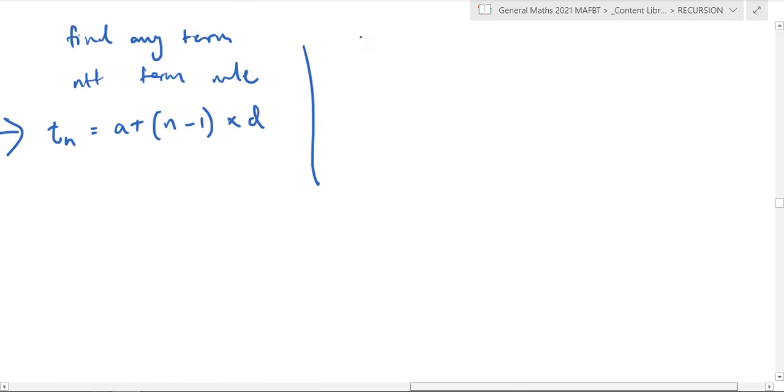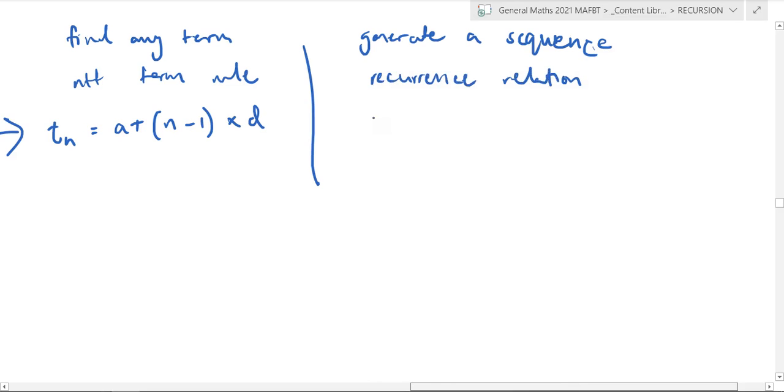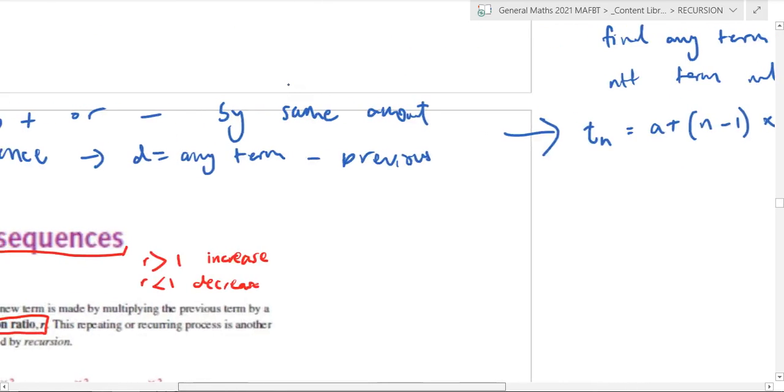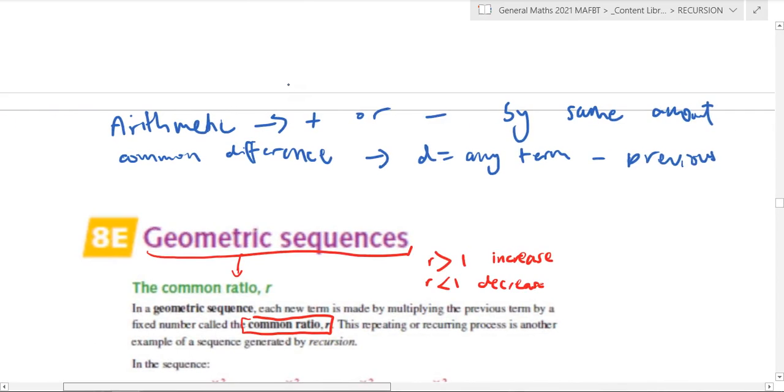And to generate a sequence, we use the recurrence relation. The recurrence relation for your arithmetic sequences is different to geometrics.